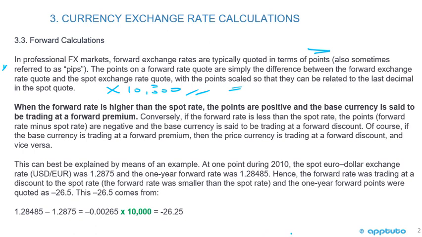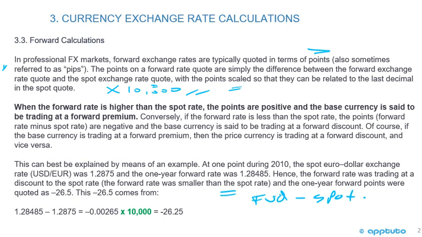At one point during 2010, the spot euro-dollar exchange rate was 1.2875, and the one-year forward rate was 1.28485. Hence, the forward rate was trading at a discount to the spot rate. The forward rate was smaller than the spot rate because we do forward minus spot, okay?